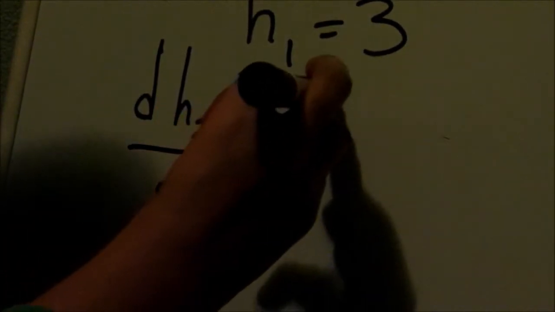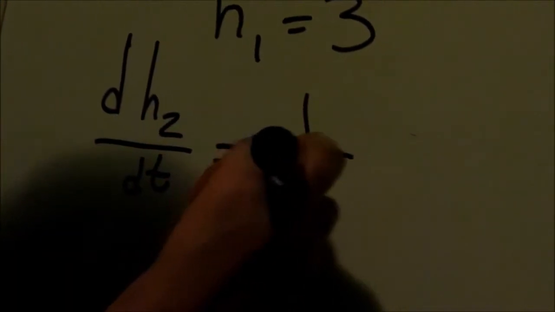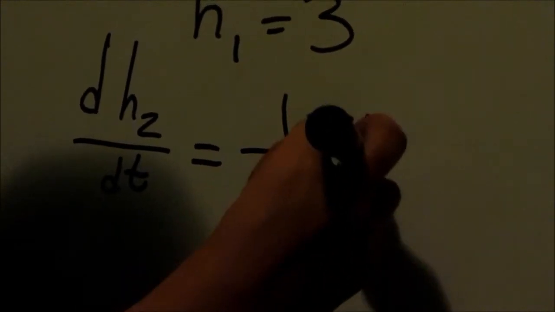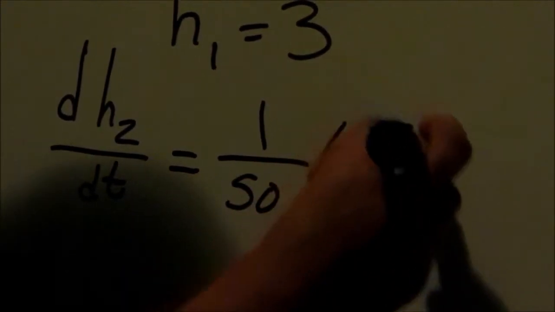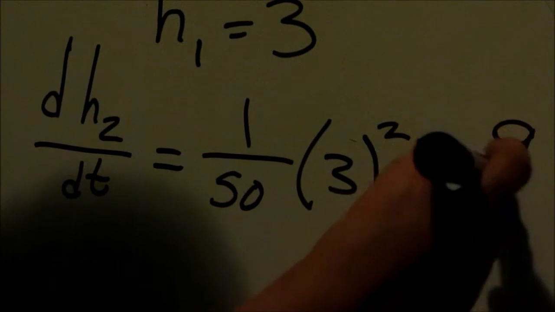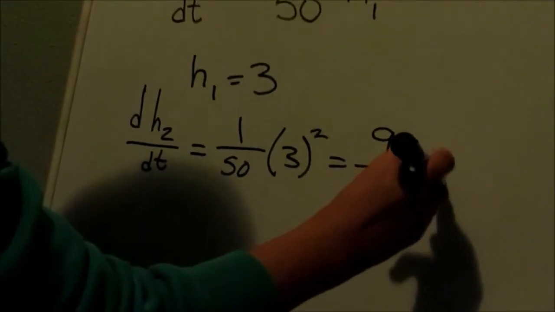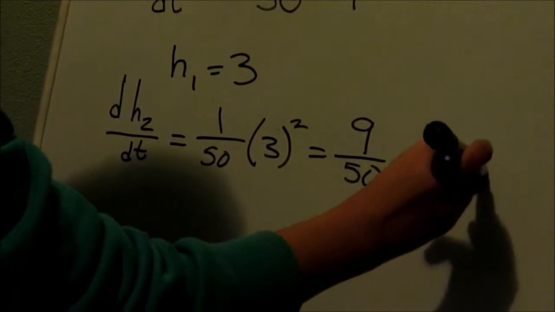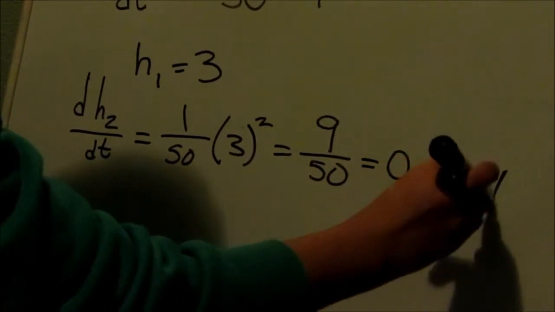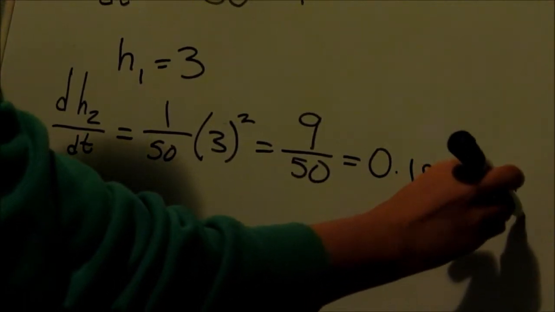The derivative of H sub 2 with respect to t equals 1 over 50 times 3 squared equals 9 over 50, which equals 0.18 meters per minute.